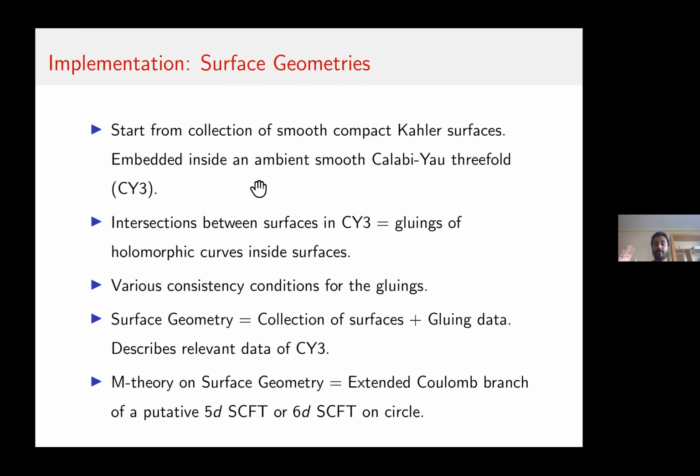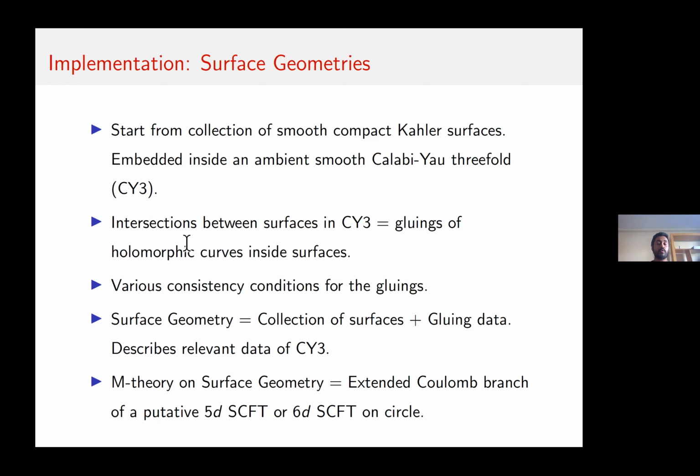These are complex surfaces, so four real dimensions. And we are imagining that they're embedded inside an ambient smooth Calabi-Yau threefold. So there is a map from this collection of Kähler surfaces into the Calabi-Yau threefold. And inside the Calabi-Yau threefold, these surfaces intersect with each other in some way.